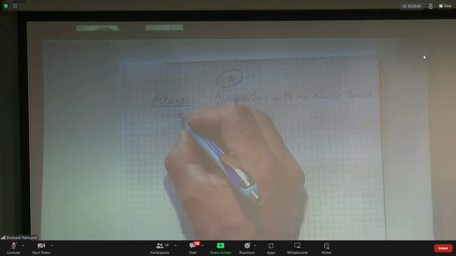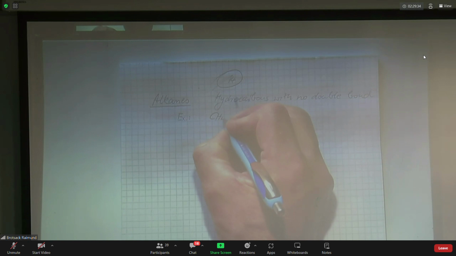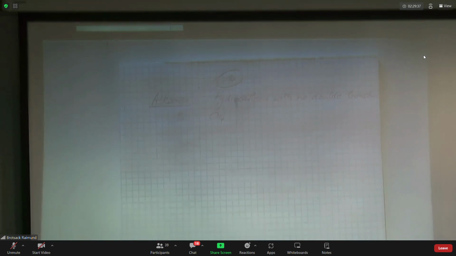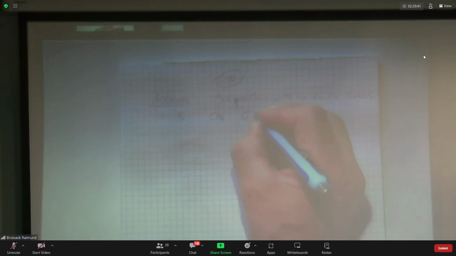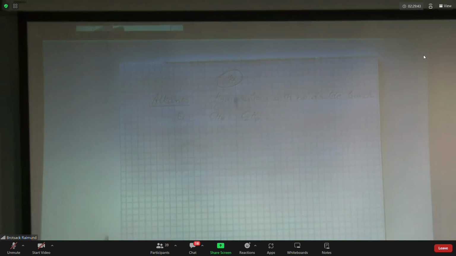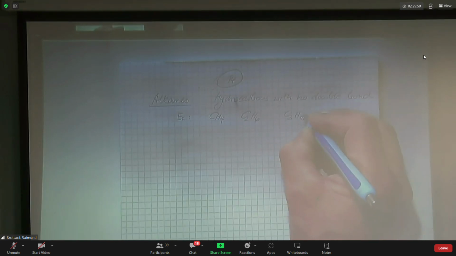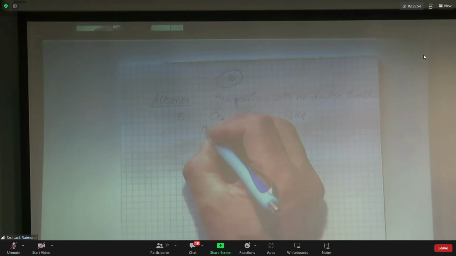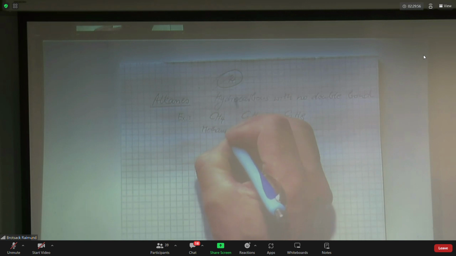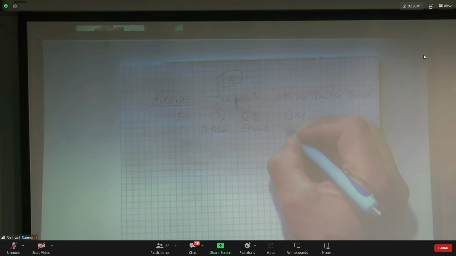We already know examples. The methane molecule has no double bond. The ethane, C2H6, has no double bond. Do you know the name of the C3H8? Propane. So that's methane, that's ethane, that's propane.